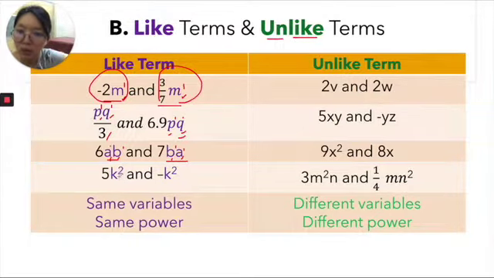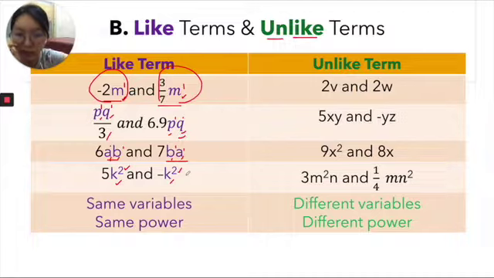Likewise, K square, K square. First, check for the variable: K, yes, K. Check for the power: power of 2, power of 2. So 5K square and negative K square, they are both like terms. You might be asking, teacher, there is a negative here.